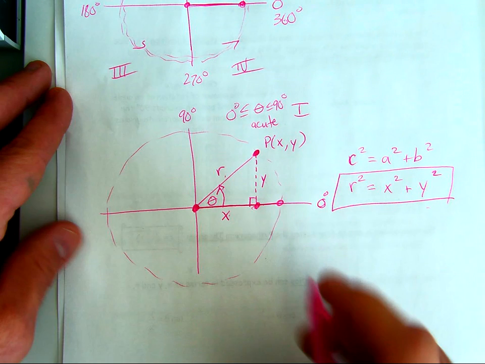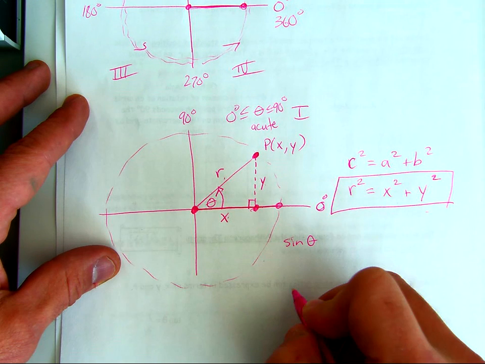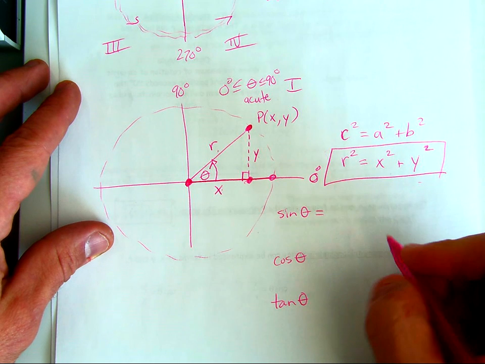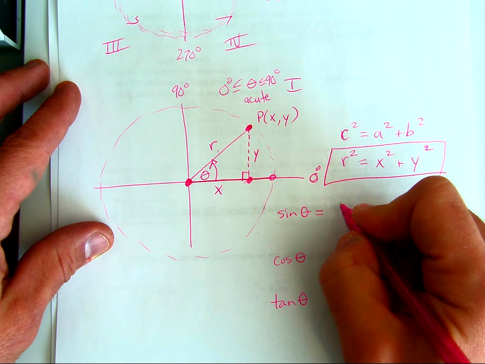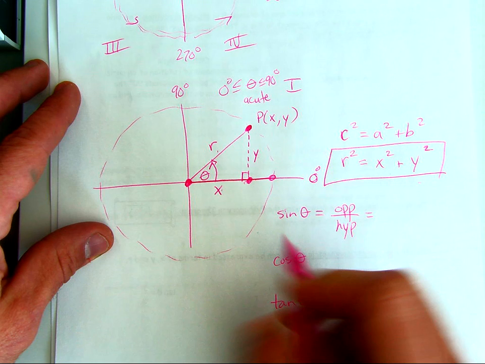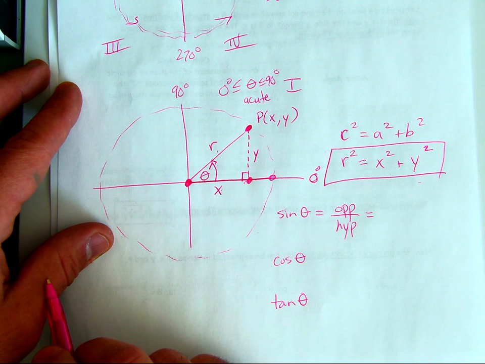The other things you should know is if we take a look at sine theta, cos theta, and tan theta in quadrant number 1, we know that sine is opposite over hypotenuse, but according to this diagram, instead of calling these things opposite, hypotenuse, and adjacent, we're going to call these things x, y, and r.